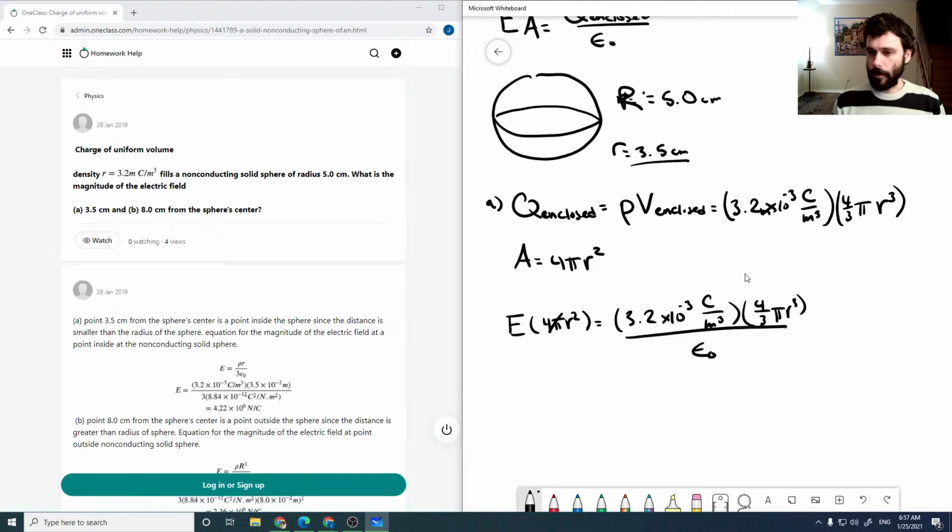We can divide out the pi and the 4 and get our E field is 3.2 times 10 to the minus 3 coulombs per meter cubed over 3 E naught.